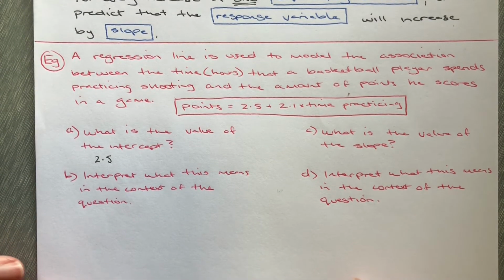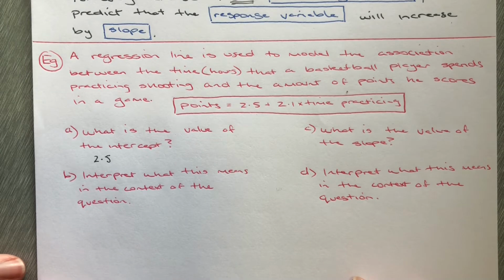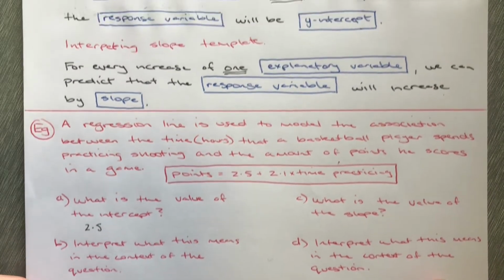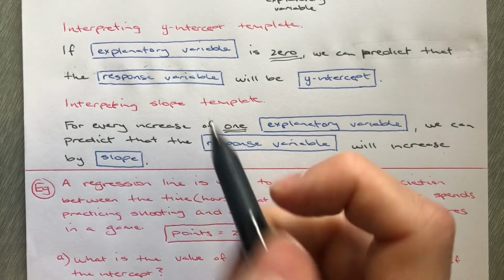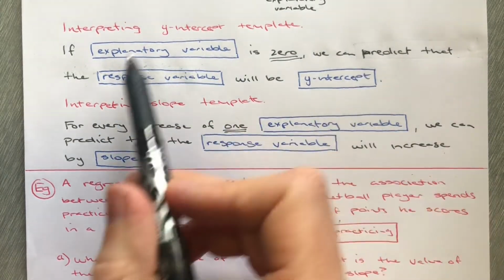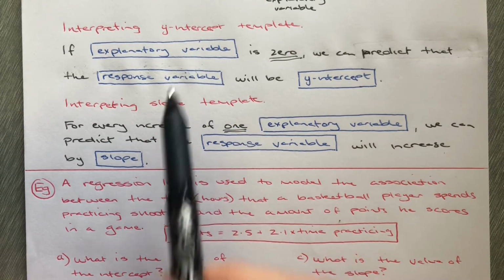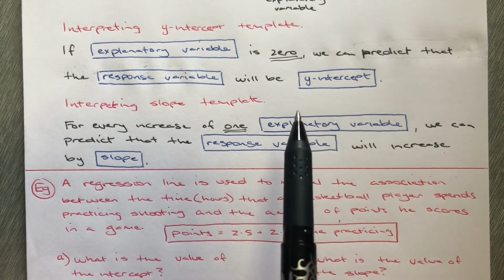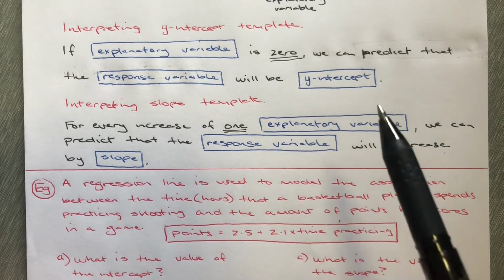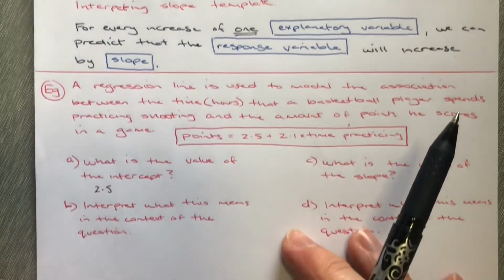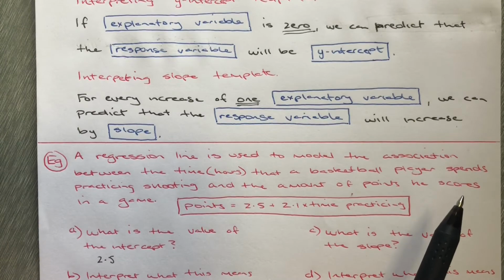Now it says, interpret what this means in the context of the question. This is where we give a sentence in plain language explaining what an intercept of 2.5 means. I'm going to quickly go back up to the sentence we're going to use. We need to know what the explanatory variable is, what the response variable is, and what the y-intercept is. So let's start rewriting it.